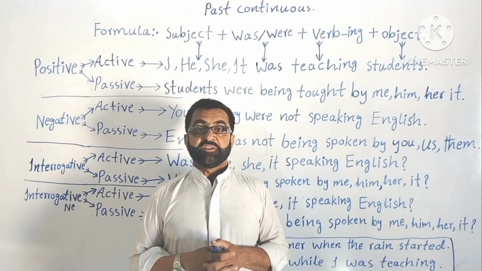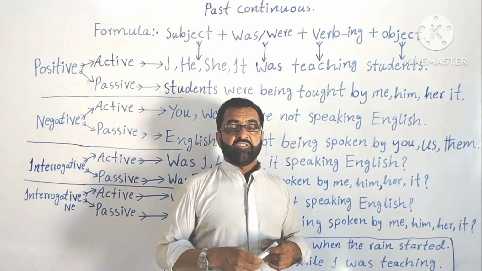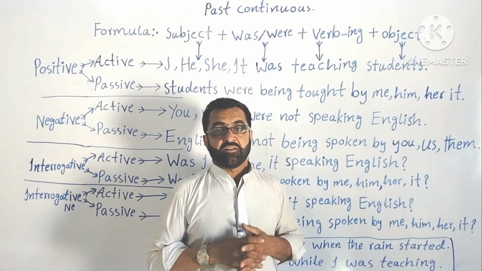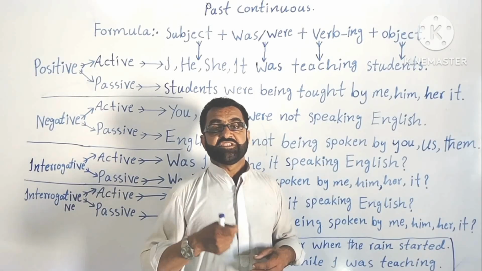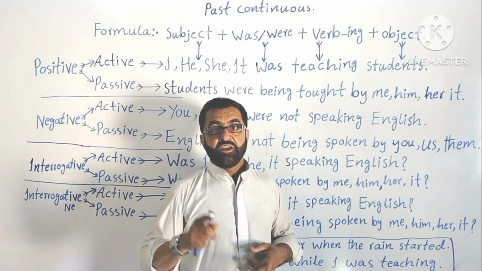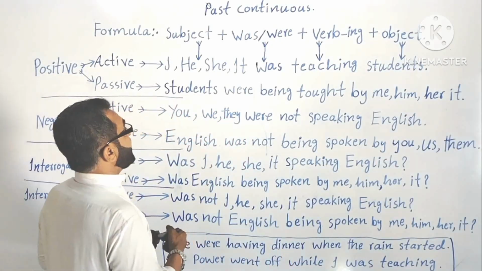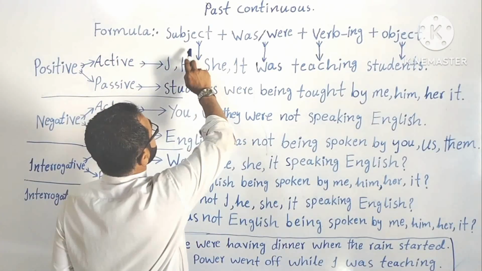So this was active voice and passive voice. Now let's go to the formula of active voice, how active voice sentences are framed in past continuous. Look at the formula.